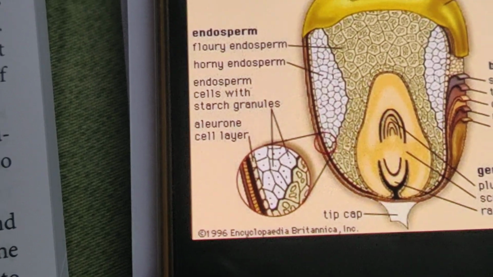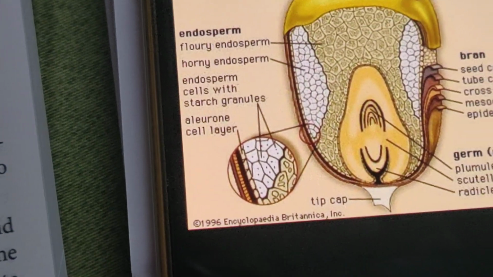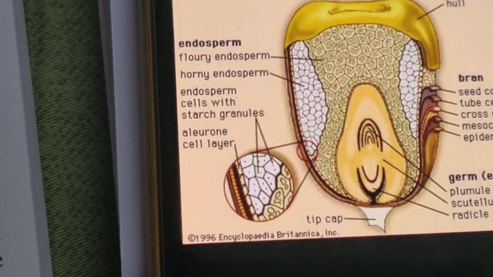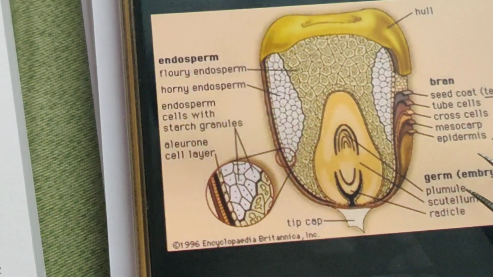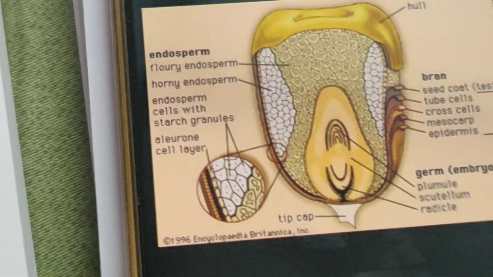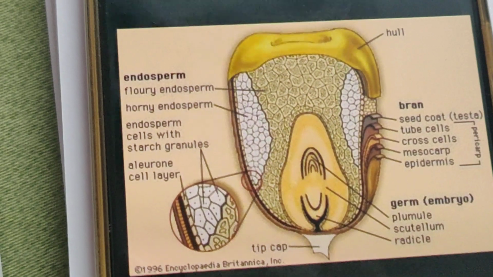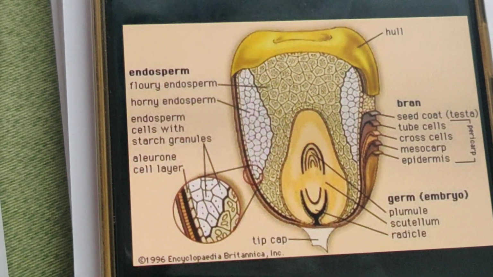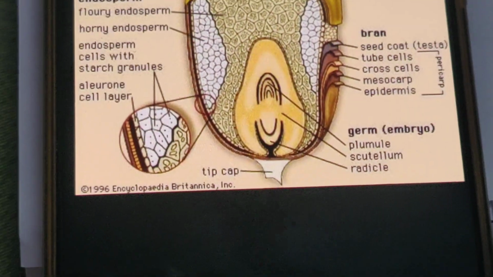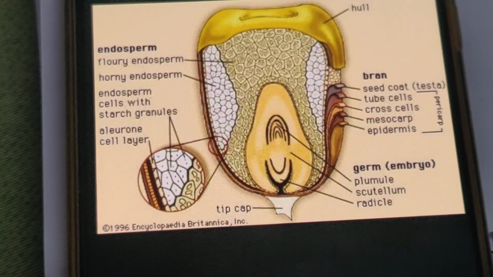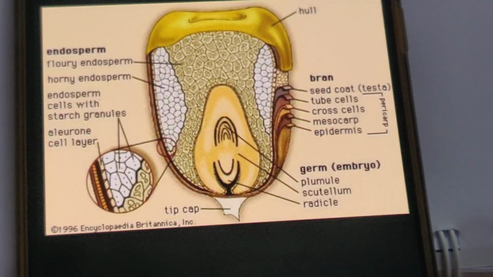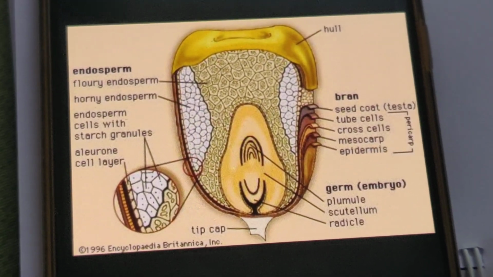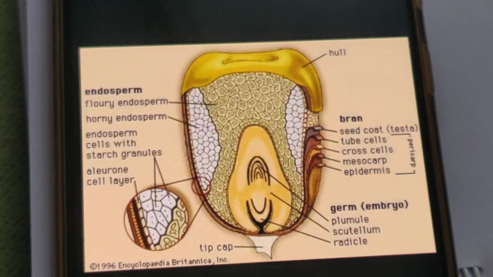Now the embryo consists of a single cotyledon that you can see. This single cotyledon is called scutellum here. Now the radicle is towards the pointed end, and it is enclosed in a protective sheath known as coleorhiza.